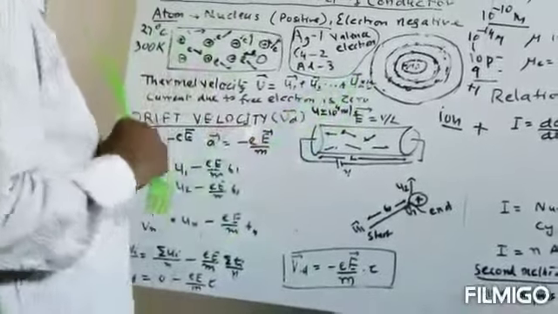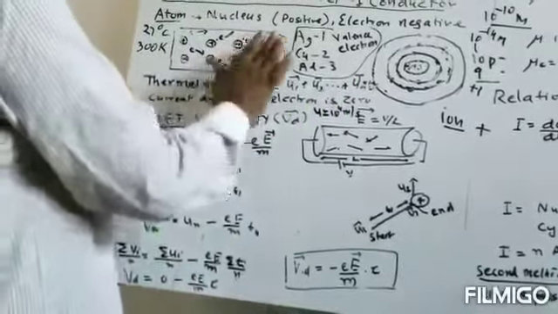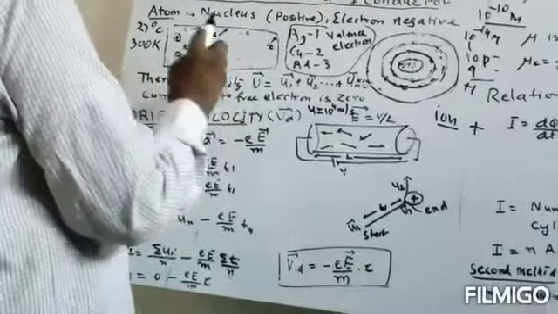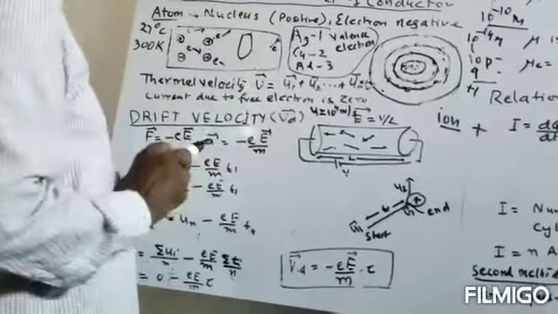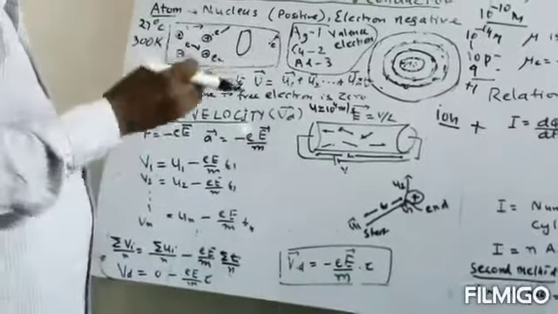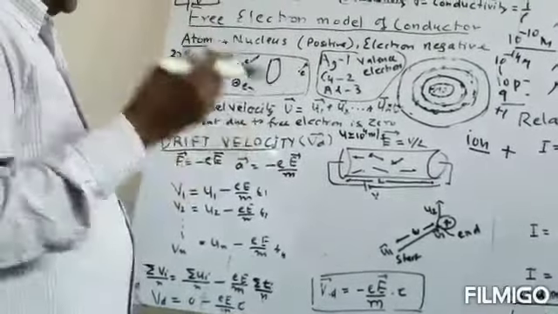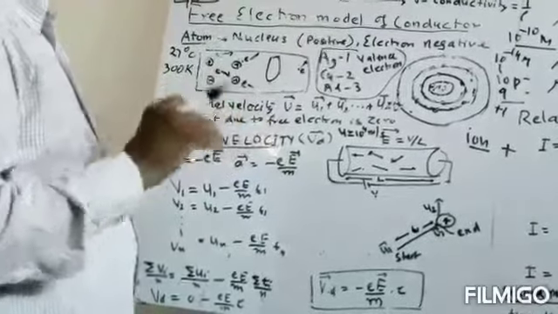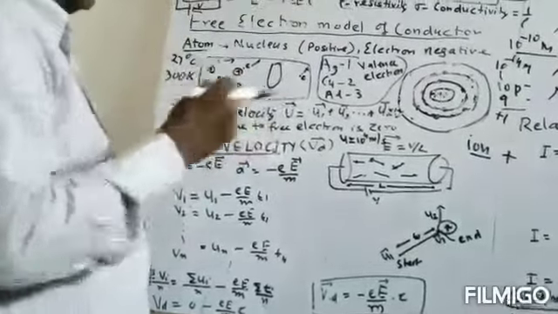Suppose we take some cross section here. Now the electrons are in motion. What is current? Current is the flow of charges. Now the electrons are moving and crossing it.